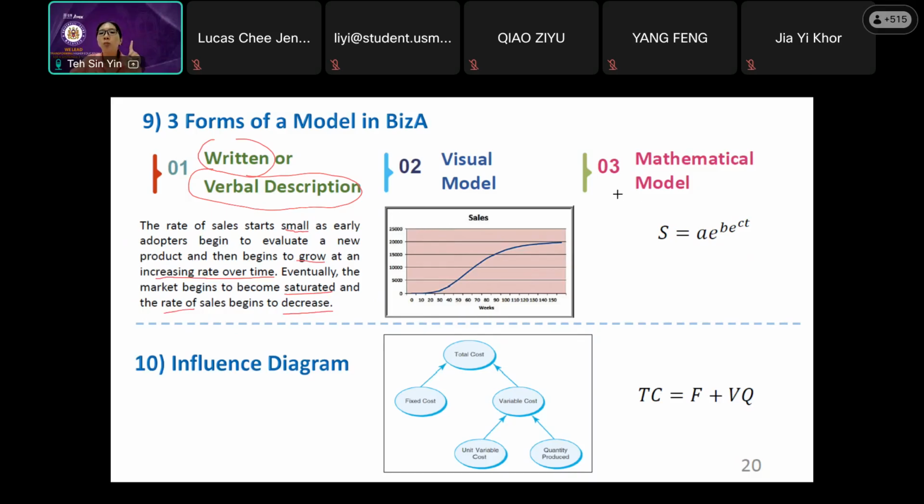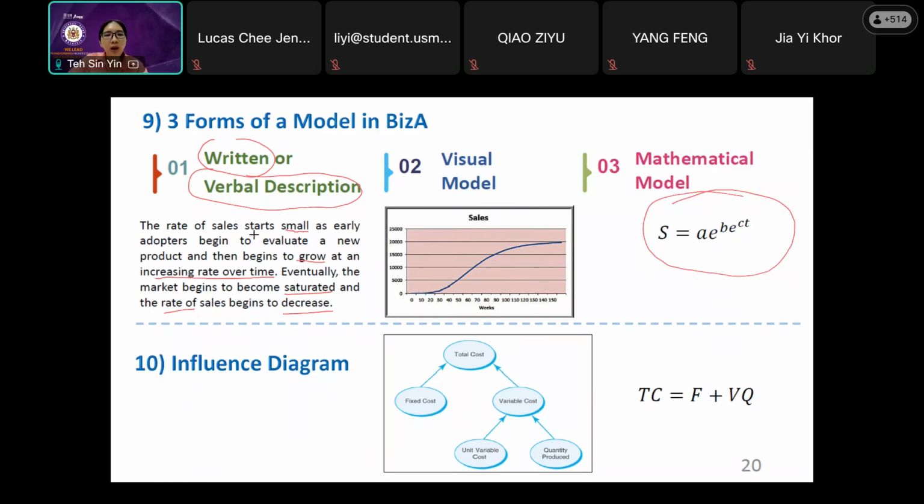I know most of you, when talking about model, will think about a mathematical model like this, but that is not right in business analytics. Not just the mathematical form is considered a model. This type of description is also considered a model. The second type of model is the visual way. Visual way, I will say, is the easiest way for us to understand.